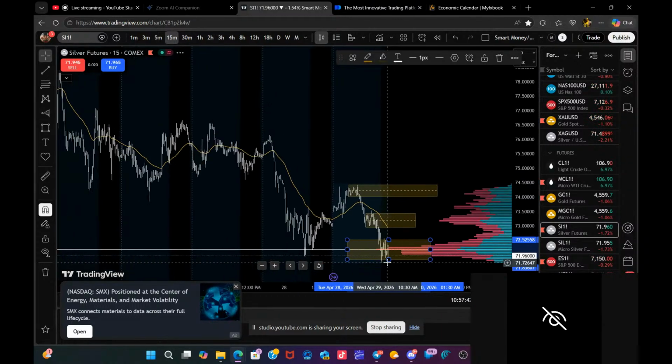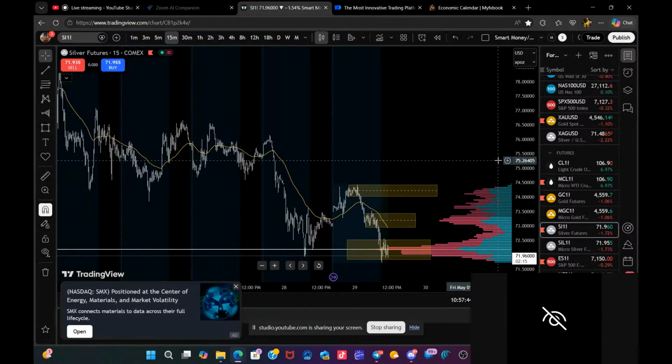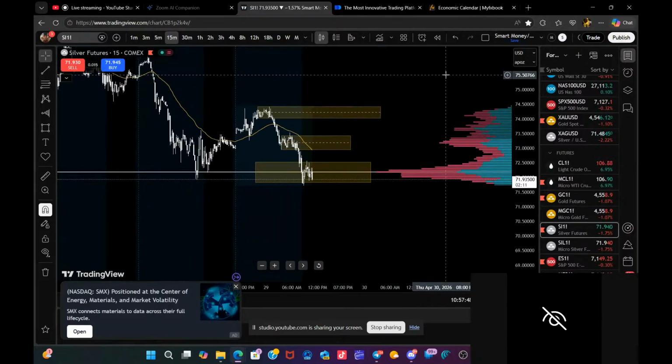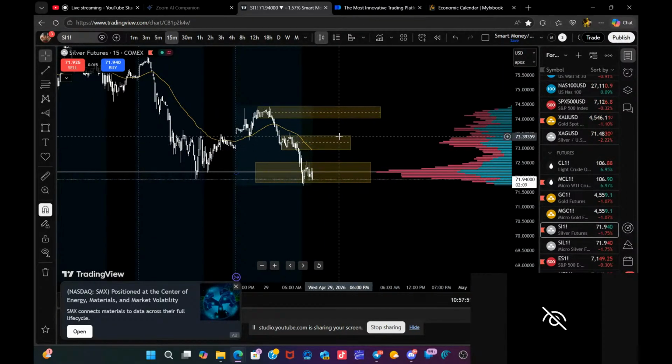Now, this is something else I want to show you guys because this is important. Notice how now my volume profile is from the start of today, right? But look at where we're at. We're near this low. So right now, there's no data below this low.